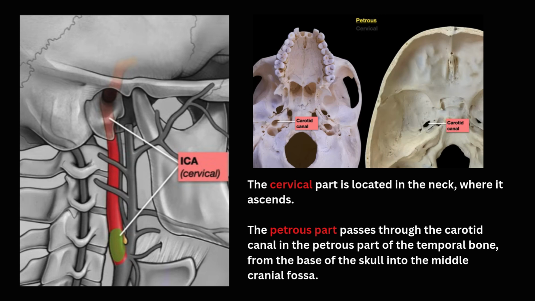The cervical part of the internal carotid artery is located at the neck, where you can see it ascends up into the carotid canal. Now the petrous part passes through the carotid canal, and it's a part of the temporal bone, so it forms within the temporal bone itself, and from there it ascends up into the base of the skull into the middle cranial fossa.